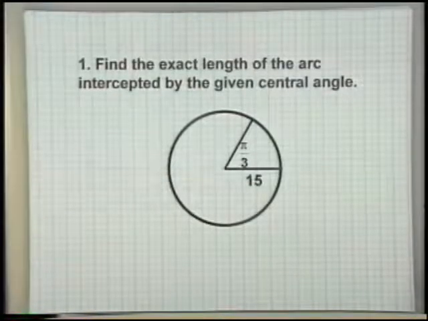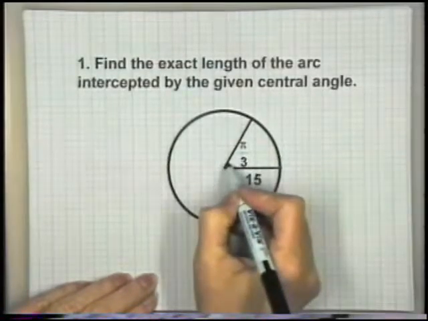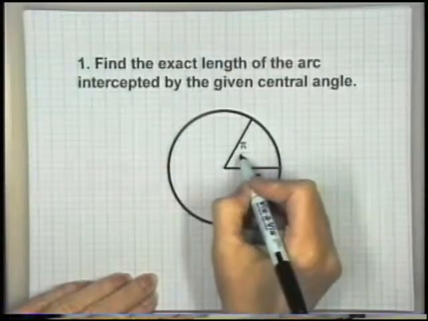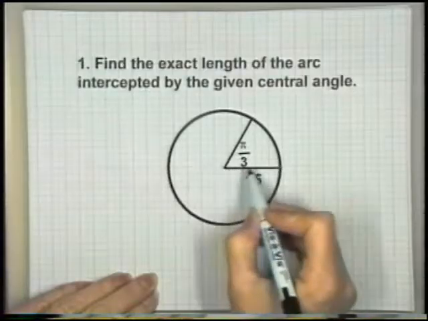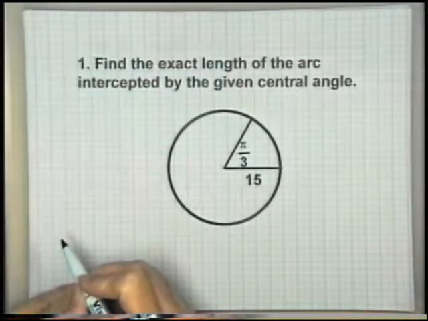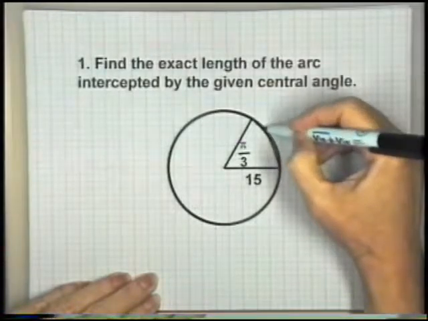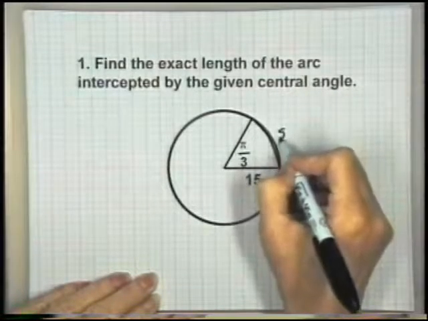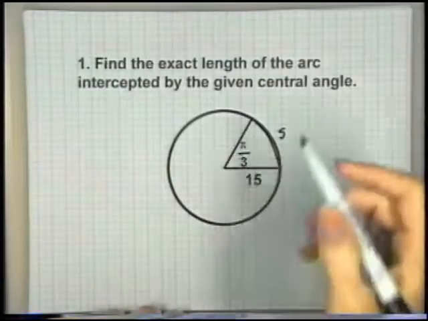Our problem number 1 says find the exact length of the arc intercepted by the given central angle. Well, here's our central angle, and it measures pi over 3. The 15 is telling us that that's what the radius is, and so they're asking us to find this distance S, the length of the arc intercepted.